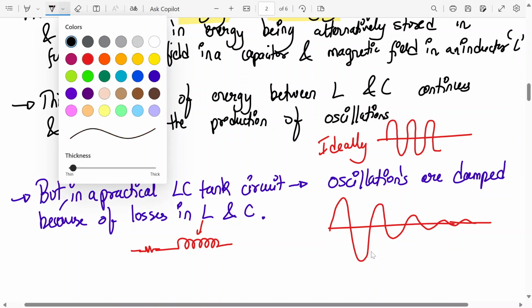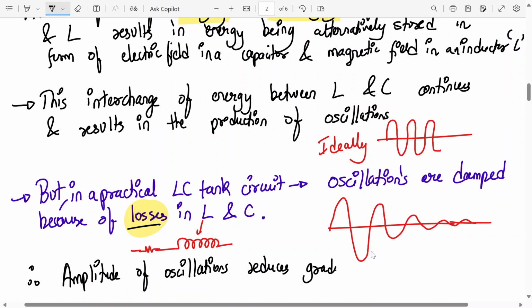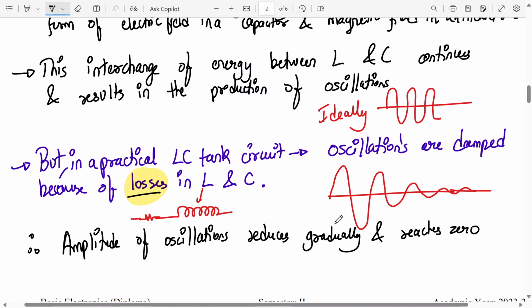So therefore the amplitude of oscillations, because of these losses, because it's not a pure inductor or capacitor, reduces gradually and reaches zero finally. All right. So the LC tank circuit produces this type of oscillations, which are not sustained at all. That's why we are going for Hartley or Colpitts oscillator.